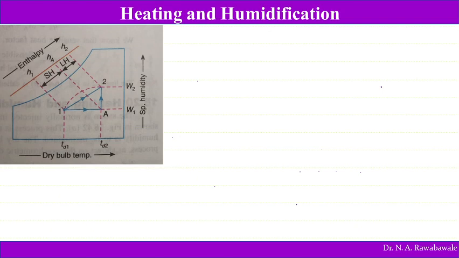When the air is passed through a humidifier having spray water at a temperature higher than the dry bulb temperature, the condition is that the temperature of water is greater than the dry bulb temperature of air.